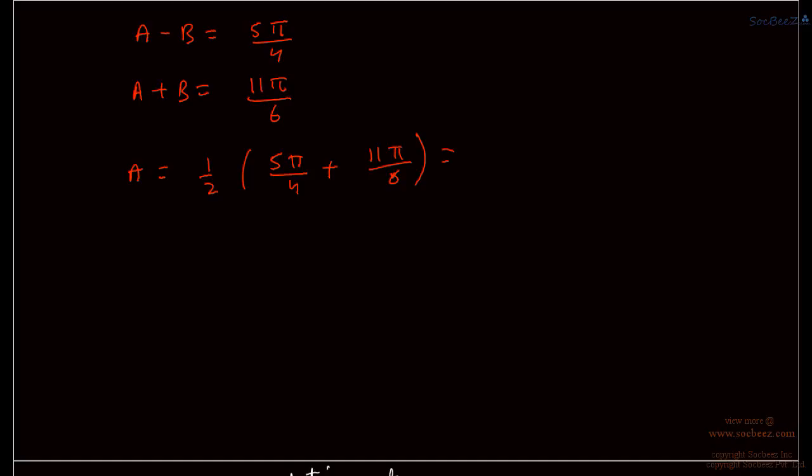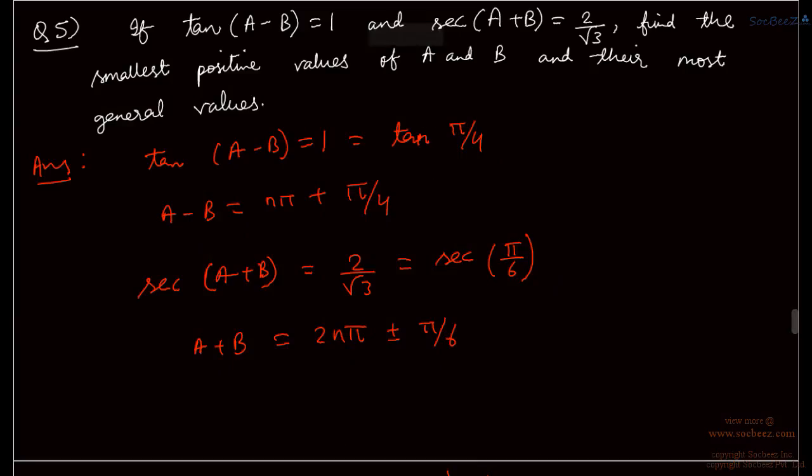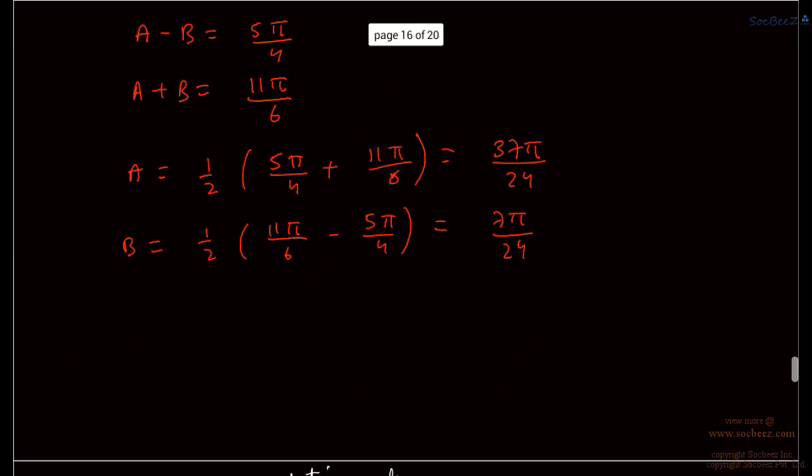That gives us 15 plus 22 is 37 by 24. b is equal to half of 11 pi by 6 minus 5 pi by 4, okay, 7 pi by 24, right? So the question asks for the smallest positive values of a and b and their most general values, right?